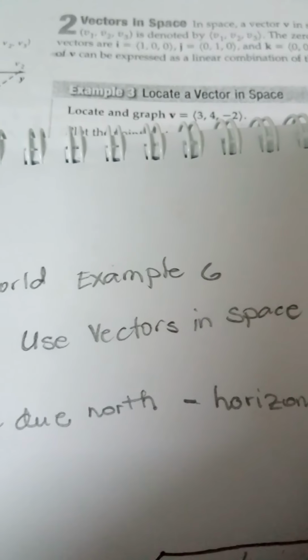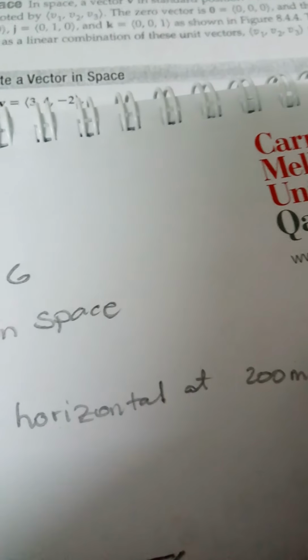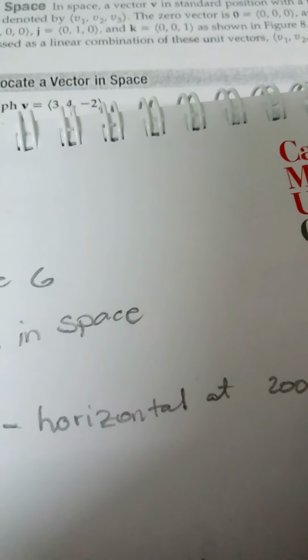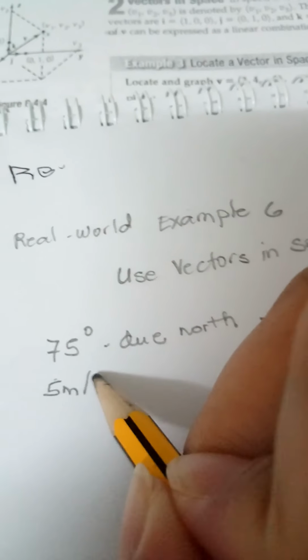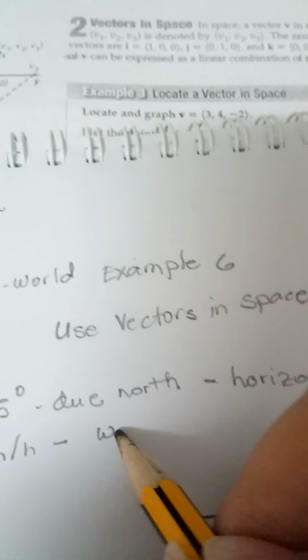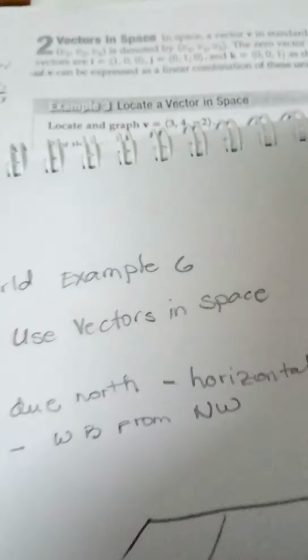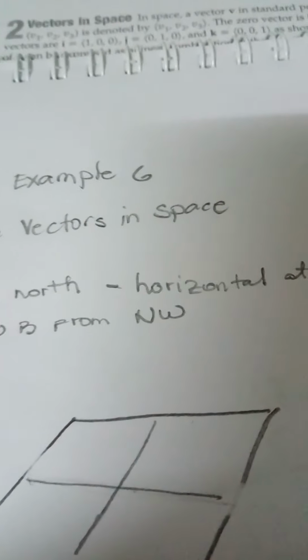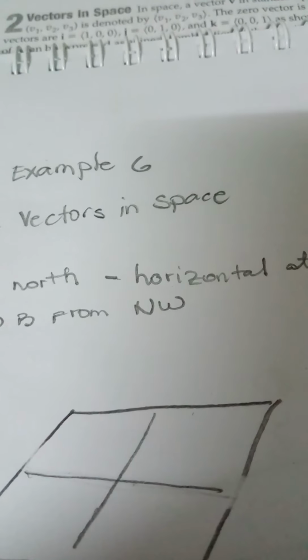Next given is 200 miles per hour. And the wind blows from the northwest at 5 miles per hour. Okay, so we're completing the given. We need to find the vector for the resultant velocity.